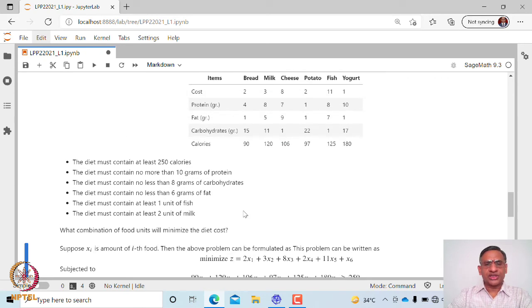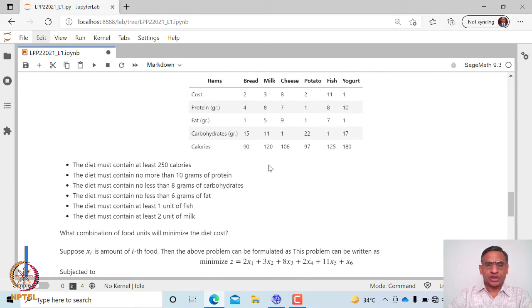First of all, let us assume that x1 is the number of units of bread, x2 is the number of units of milk, x3 is the number of units of cheese, x4 is the number of units of potato, x5 is the number of units of fish, and x6 is the number of units of yogurt that are required.